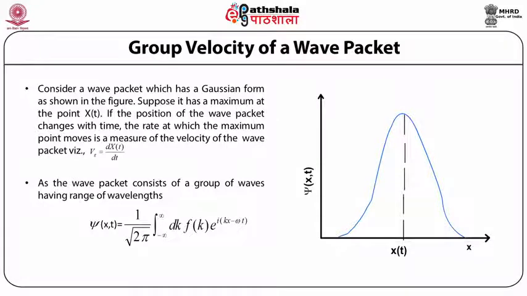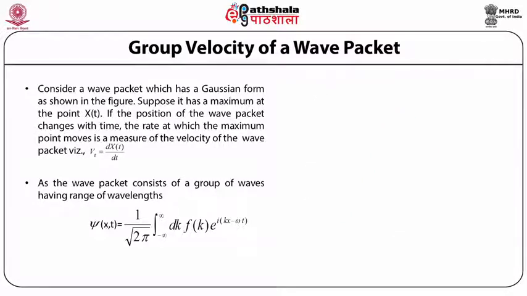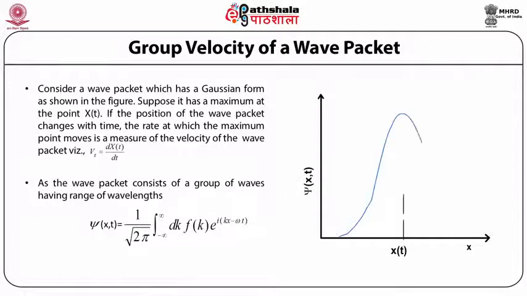Here, it is interesting to note why we have chosen the Gaussian form, or why we are so interested in considering a wave packet. The reason is that the wave packet has a Gaussian form and the Fourier transform of a Gaussian function is also a Gaussian function.